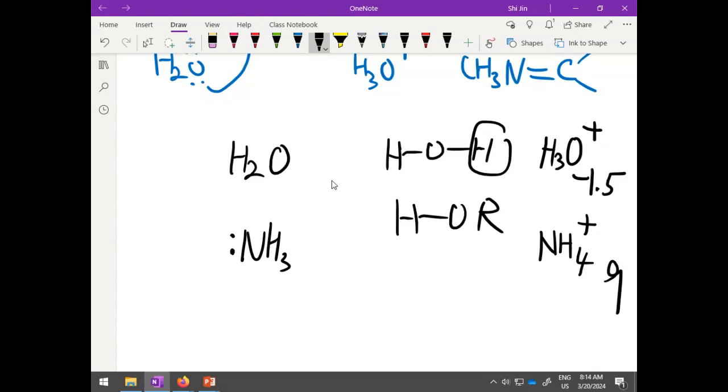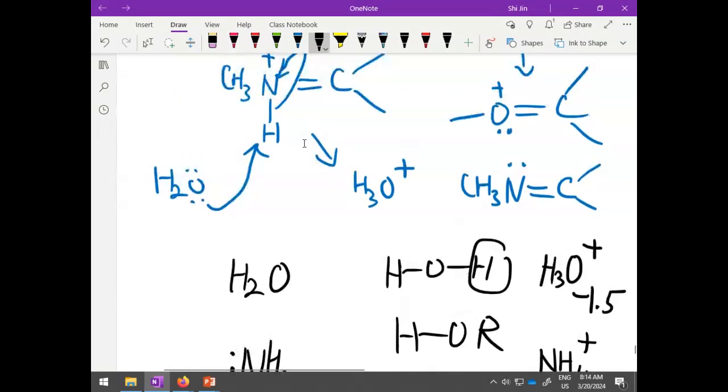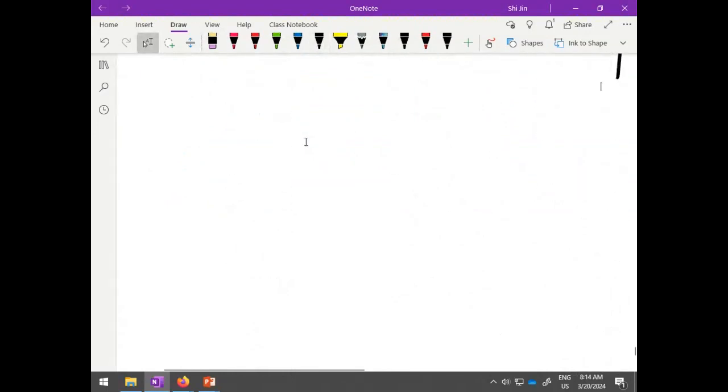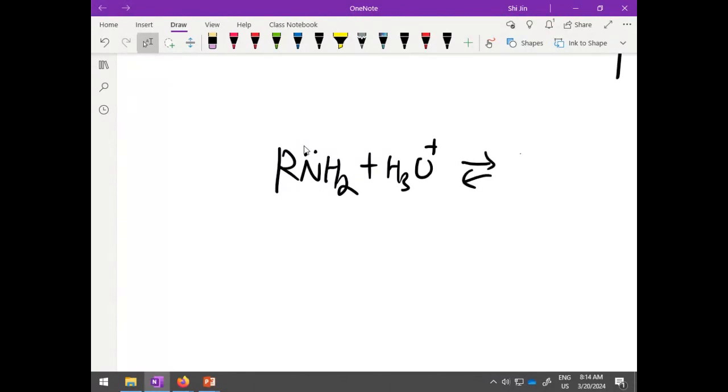Okay, so what is the consequence here? If you place ammonia, amine, in an acidic environment, this equilibrium constant will be roughly on the order of 10 to the 11th.